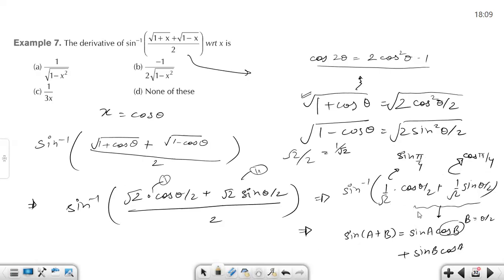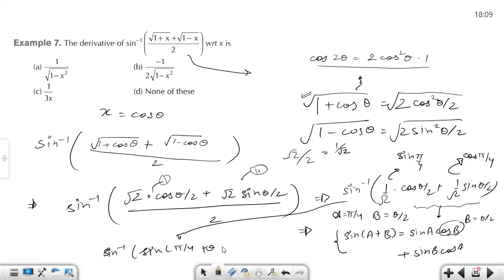Comparing this formula with our given expression, A will become pi by 4 and B will become theta by 2. So now we can write it as sine inverse of sine of, where A was pi by 4 and B was theta by 2.